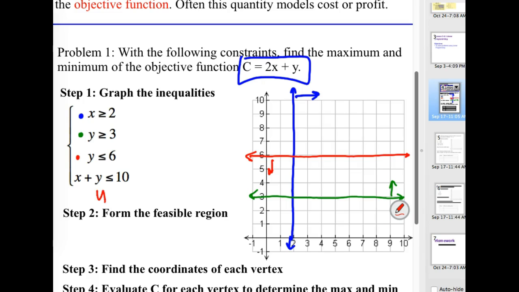Okay, so we could solve for y. Let's do that in a different color. What haven't I used? Purple? So we have a starting value or a y-intercept of 10, and we have a -1 slope. Okay.